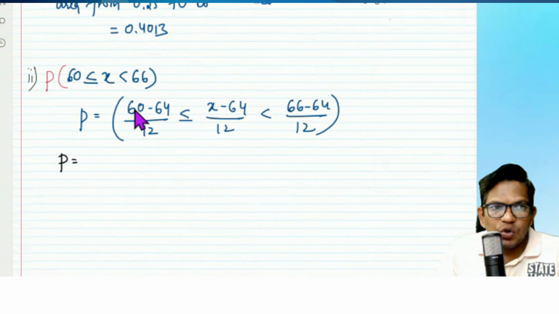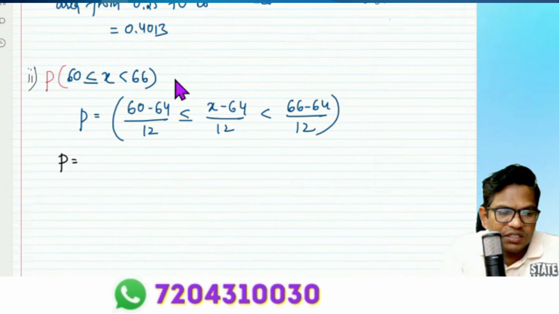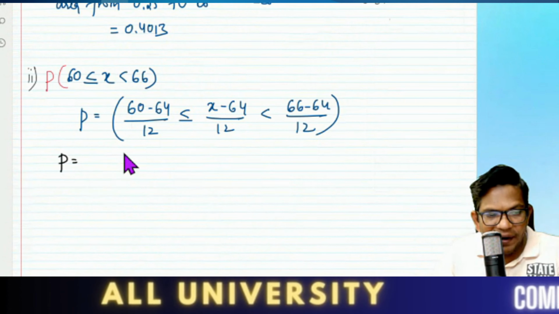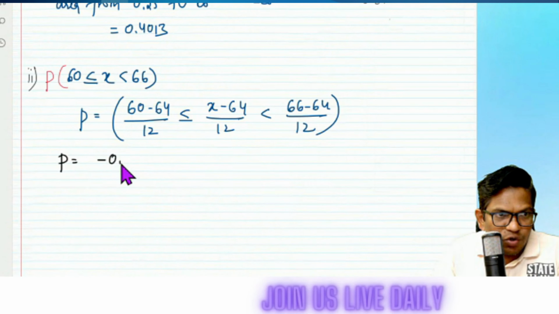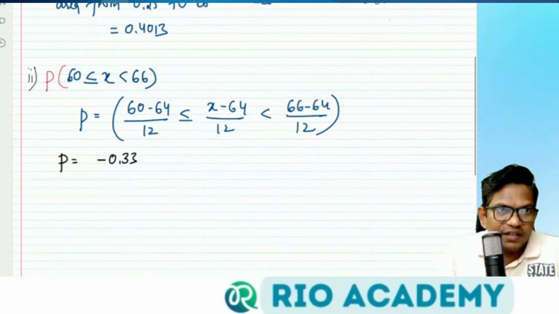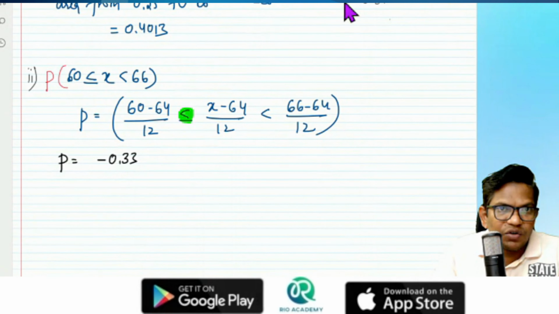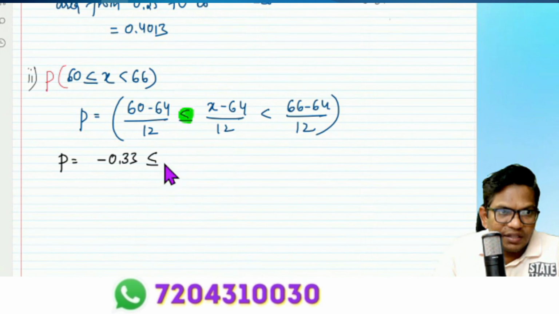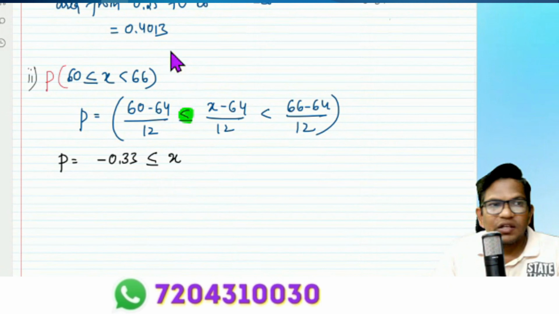P is equal to 60 minus 64 divided by 12. That comes to minus 0.33. And we have the sign less than or equal to. That x is nothing but z.